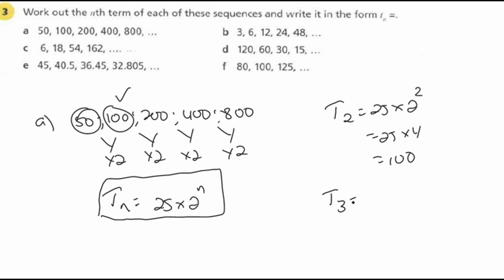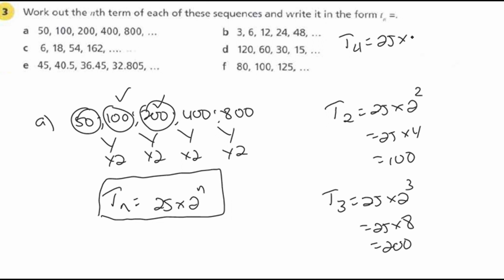And when n equals 3, we'll have 25 times 2 to the 3, which is 25 times 8, which is 200. That third term also checks out. Just for good measure, let's check the fourth term as well. Term 4: 25 times 2 to the 4, 25 times 16, which is 400. So the fourth term checks out, and then the fifth term will also check out. So the general term is Tn equals 25 times 2 to the n.